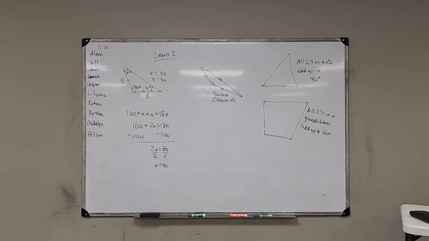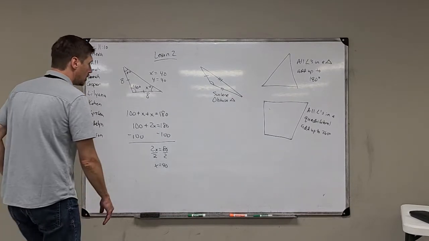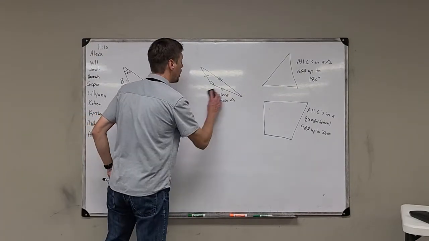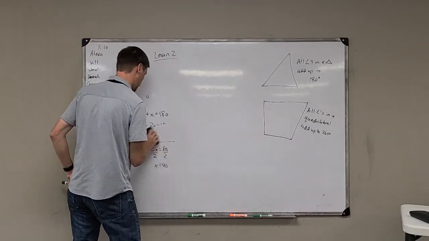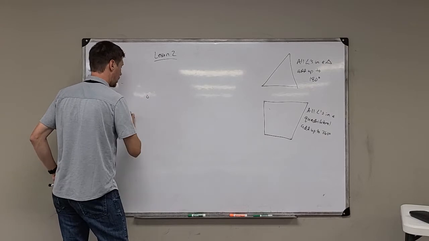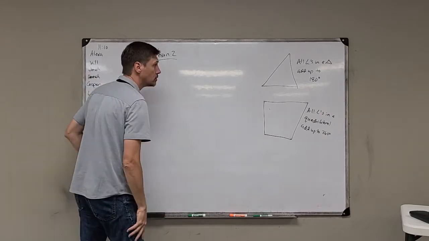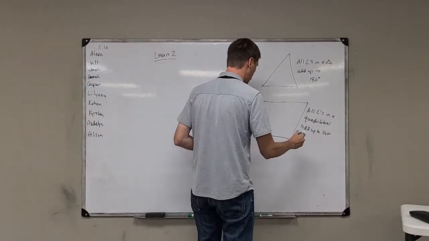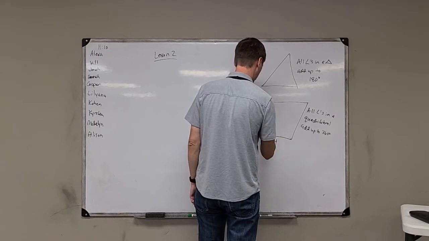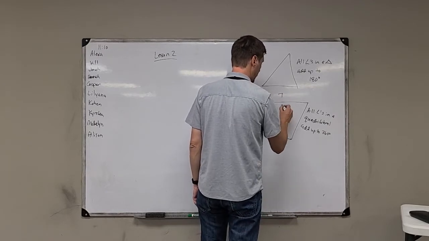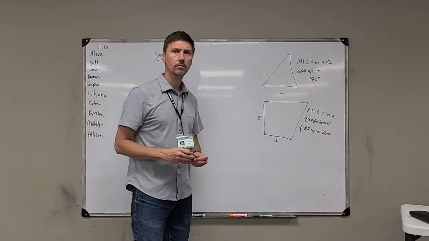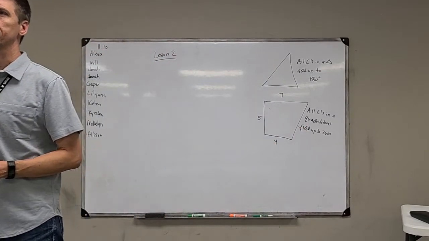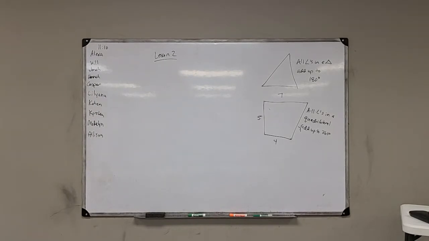All right, let's talk about perimeter and circumference. Who can tell me how I would find the perimeter of this figure right here? Of that quadrilateral. Let's say that I told you that the length of this side was 4, this was 5, we make this one 7, and we'll make this one 7 also. How would I find the perimeter of that figure? You'd add up all the numbers.